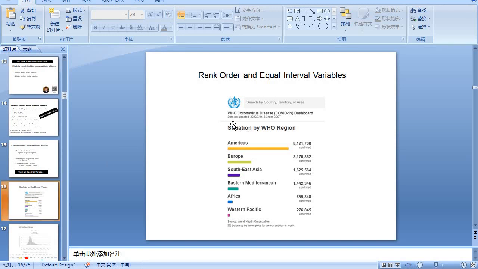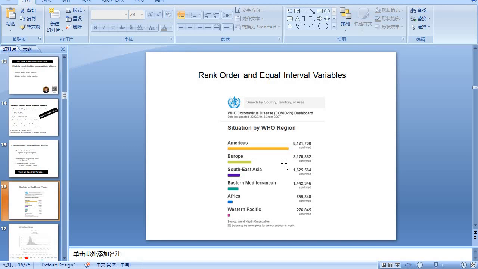This is the World Health Organization's statistics on the coronavirus cases. It has provided rank order of the different regions. Which part of the world has the largest number of cases? According to the World Health Organization, as of today, July 22nd, the Americas, North America and South America combined, have the largest number of cases, rank number 1.